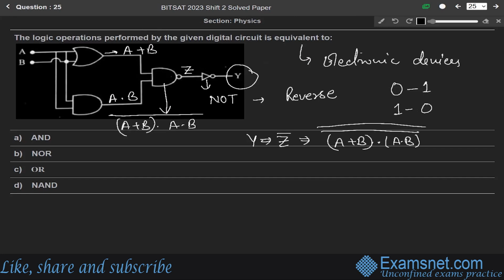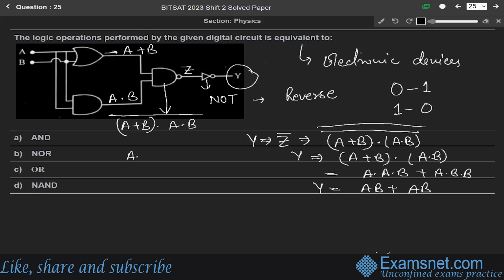So these two bars cancel out each other, and we'll get our Y as (A plus B) dot (A dot B). Now using De Morgan's rule, we'll get here A dot B plus AB dot B. Okay, so solving it, Y is equal to AB plus AB.